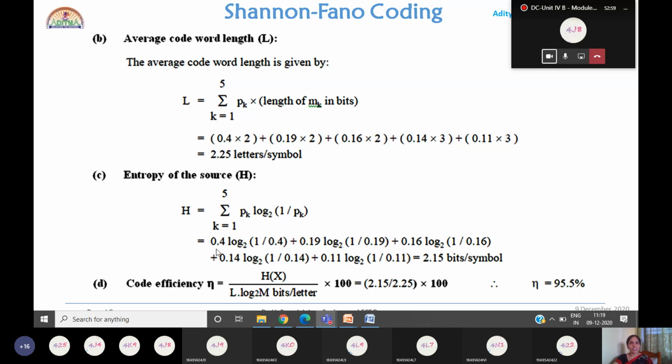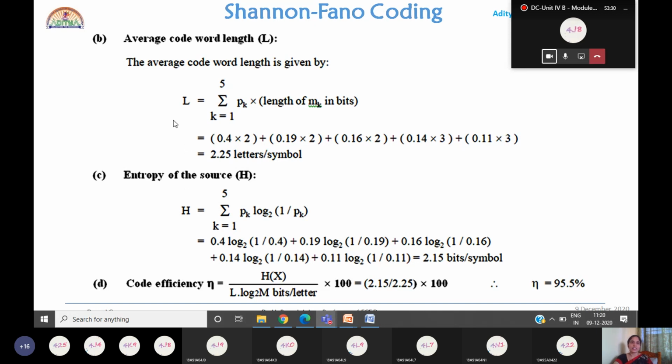So p suffix k is 0.4 for the first symbol, 0.4 log 1 by 0.4 base 2 plus 0.19 log 1 by 0.19 base 2 plus 0.16 log 1 by 0.16 base 2 plus 0.14 log 1 by 0.14 base 2 plus the last one 0.11 log 1 by 0.11 base 2. So it is equal to 2.15 bits per symbol.